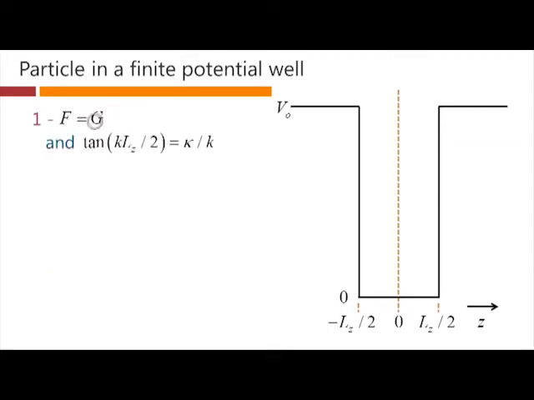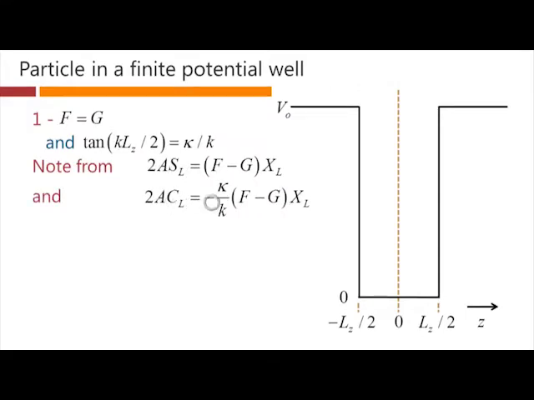So let's look at the condition f is equal to g, in which case we know that this condition is going to apply. Well, note from this equation that we had here, and this one that we had there, that if f is equal to g, this is 0 and this is 0, so the right-hand side of both of these equations are 0. But it's not possible for SL, the sine, and CL, the cosine, to be 0 at the same time.